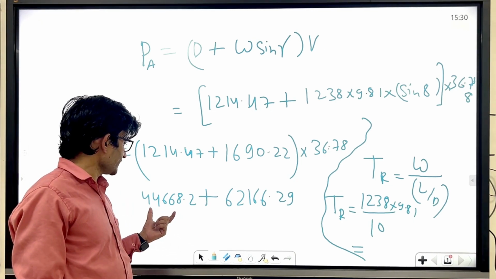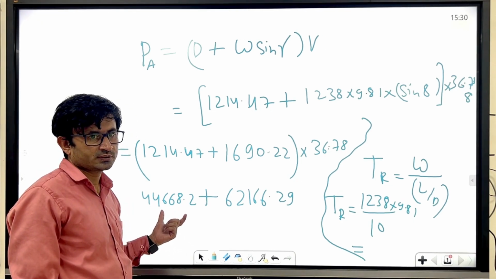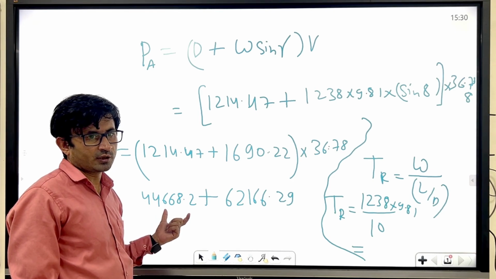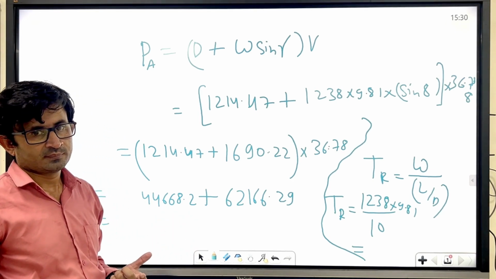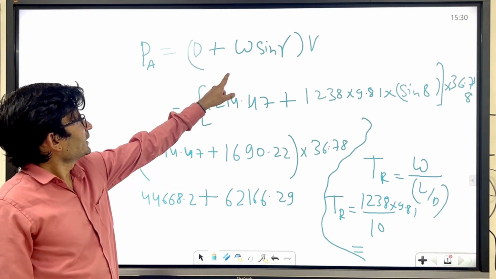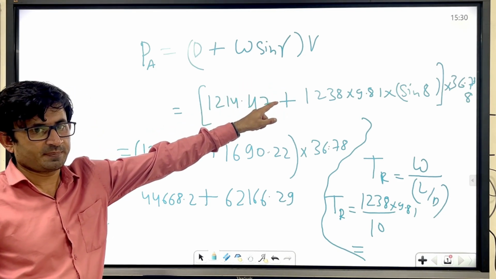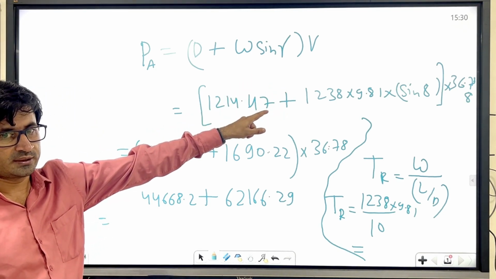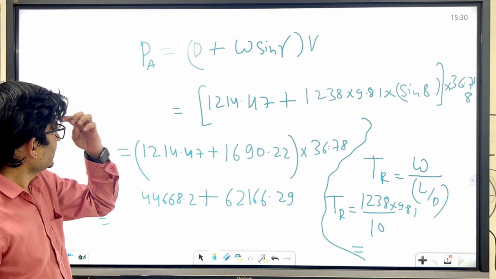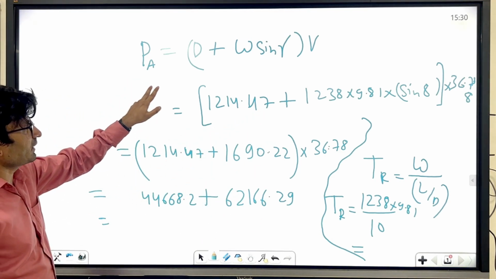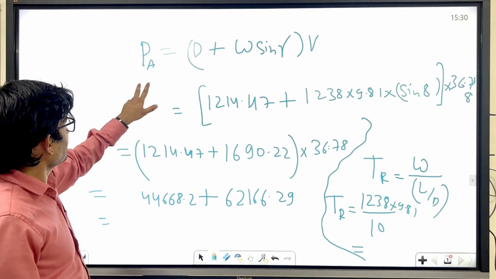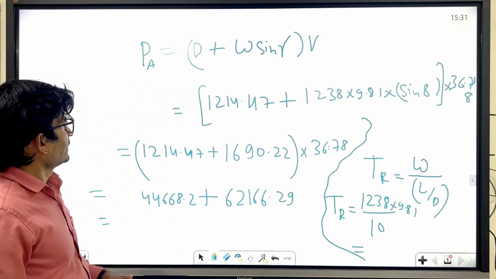So if we select the engine based only on cruise, you will not be able to climb, because you need W sine gamma into V extra power in order to make the climb possible. You should not confuse the power required and the power available here.